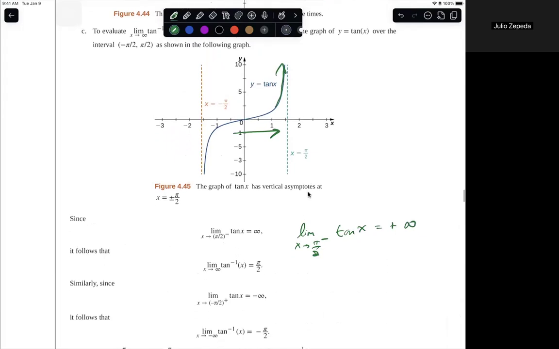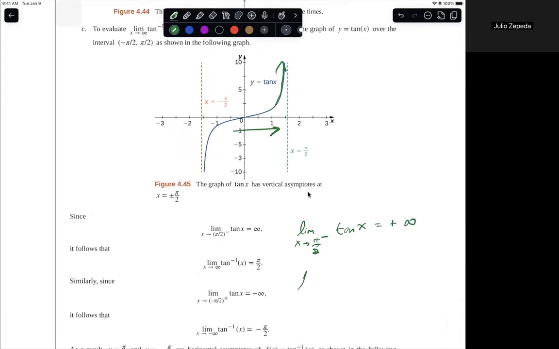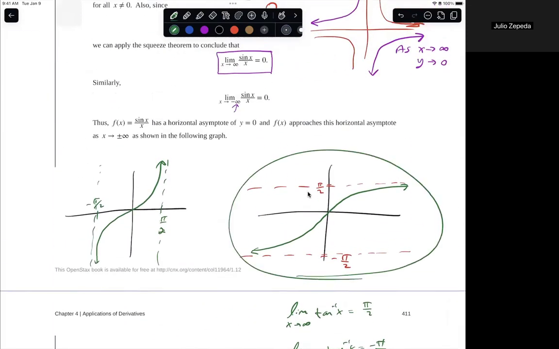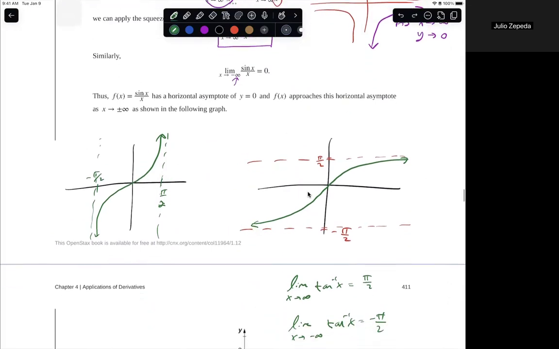So then for the inverse function, the limit as x approaches positive infinity of the inverse function, tangent inverse x, is equal to pi over 2. Okay, so I think it's clear if you just draw out the tangent inverse function graph, you can just see it from the picture.